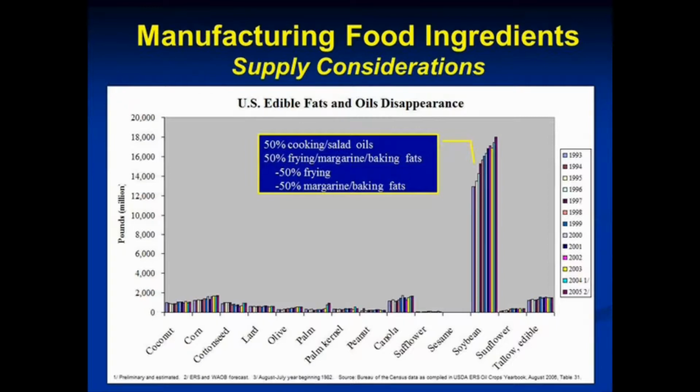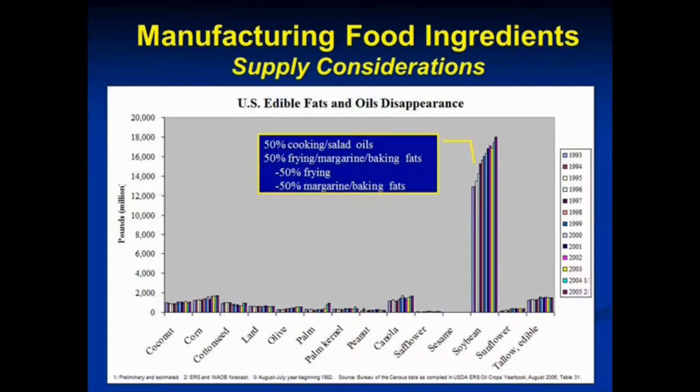These are disappearance data. Looking just at soybean oil, about 50% of it goes into cooking and salad oils, and about 50% goes into frying, margarine, and baking fats.